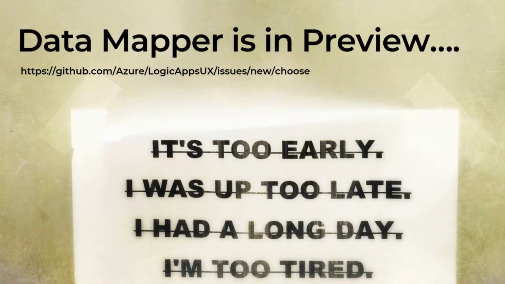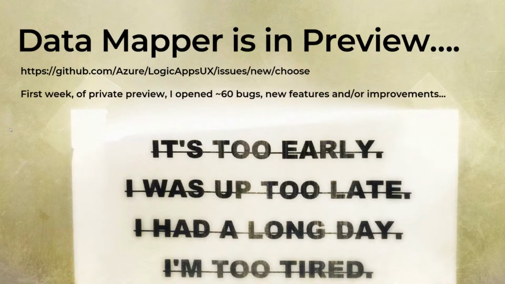I've been trying this data mapper since the private preview, and I'm working a little closely with Microsoft on it because of all my experience with transformations. I can tell you that in the beginning I probably gave up on trying the data mapper, but then I said, okay, this is my opportunity to help improve it so we have a good new mapper for transformations.